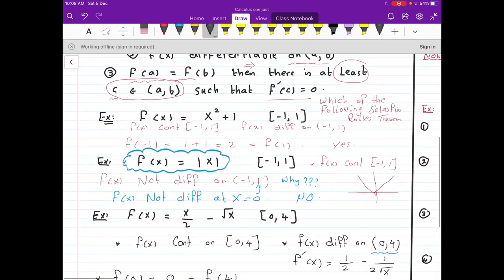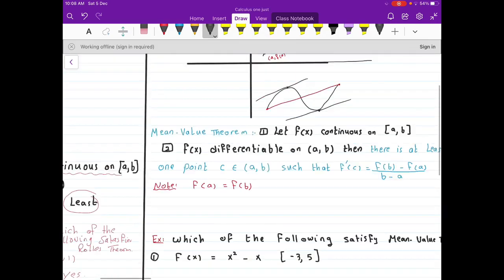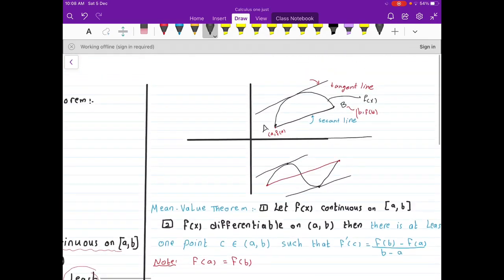Now, what do we mean about the mean value theorem? If we take this function f(x) and we take the point A and B, this coordinate A, B. This is the secant line. هذا هو عبارة عن الخط الواصل between the 2 points A and B. What is the slope of this line?